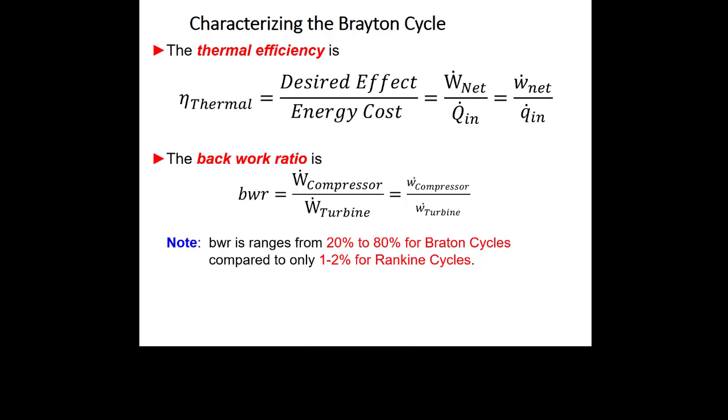The molecules are already really, really close together, right? But as you go through the compressor, it takes more energy to increase the pressure of that air or ideal gas because it's a compressible fluid, right? So your thermal efficiencies are better in Brayton cycles, but your back work ratios are worse.